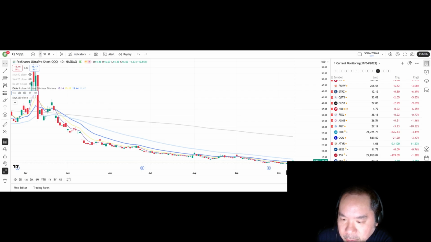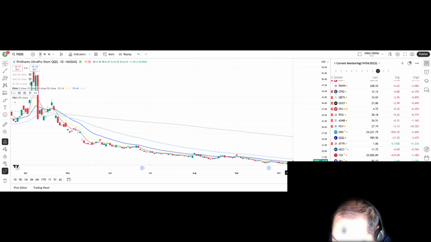It represents a very high risk to reward, which I will call RR, the risk to reward ratio. The RR is very good because of the stop loss.